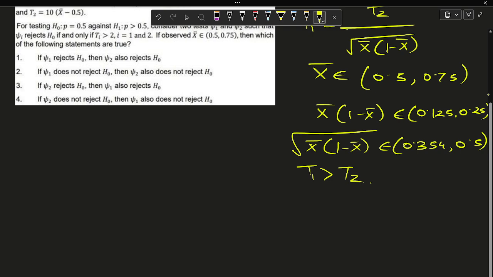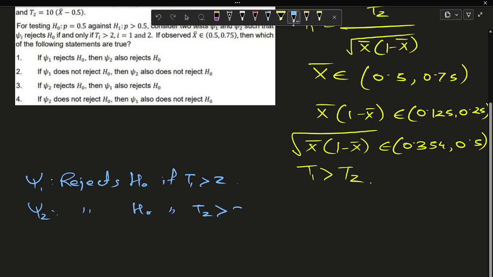Now we are going to set up the logical implications. Phi 1 rejects H0 if T1 is greater than 2, and phi 2 rejects H0 if T2 is greater than 2. Now if phi 1 rejects H0, then phi 2 must also reject H0, which is given in option 1.